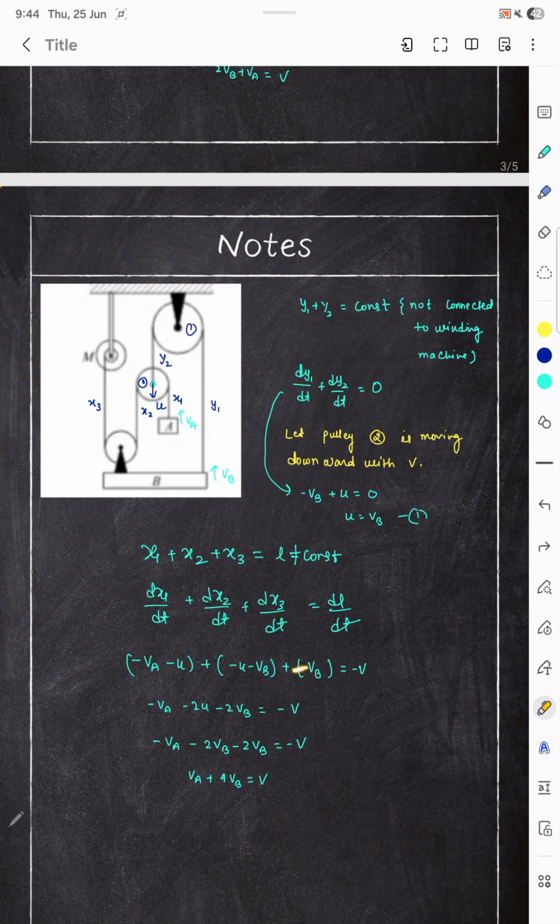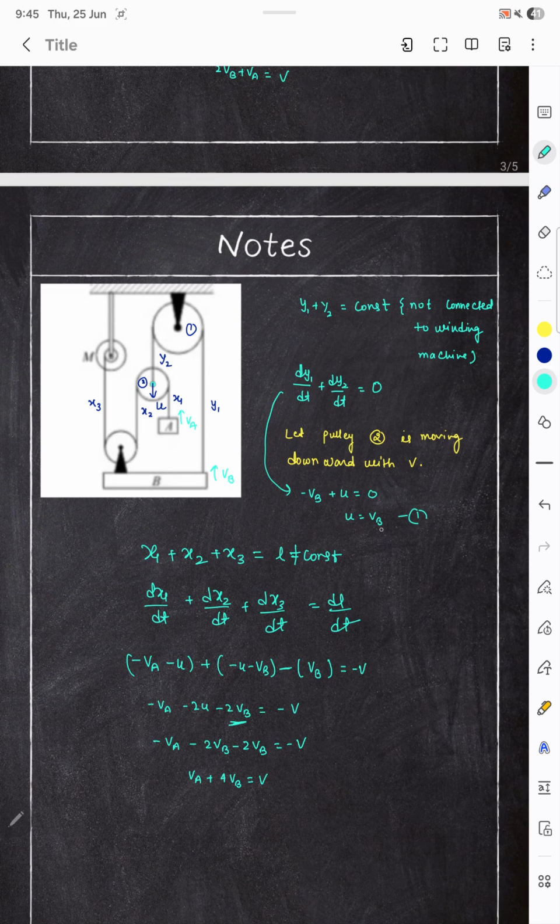Let's correct it, this will be minus vb. And that's why it becomes minus 2vb, minus 2u, and minus va.